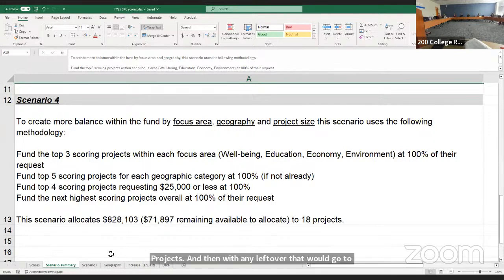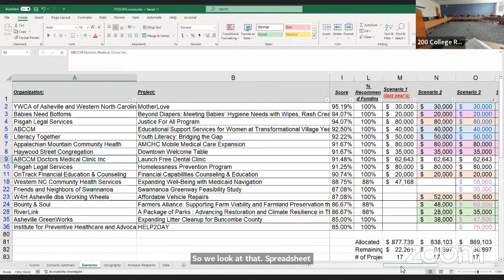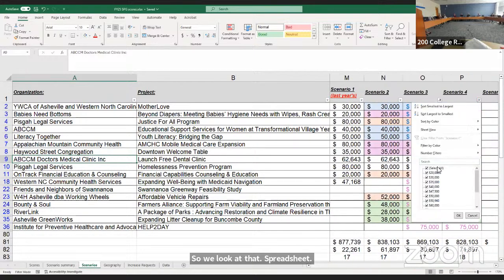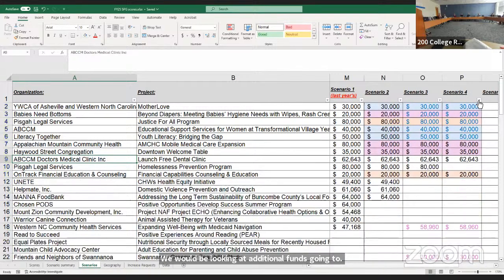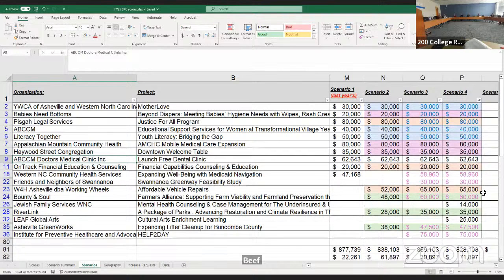So we look at that in the spreadsheet. We would be looking at additional funds going to Jewish Family Services, Leaf Global Arts, and then you would go again to the ABCCM Doctors Medical Clinic.